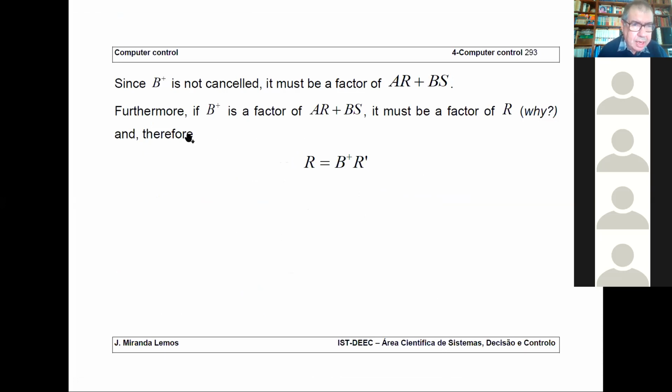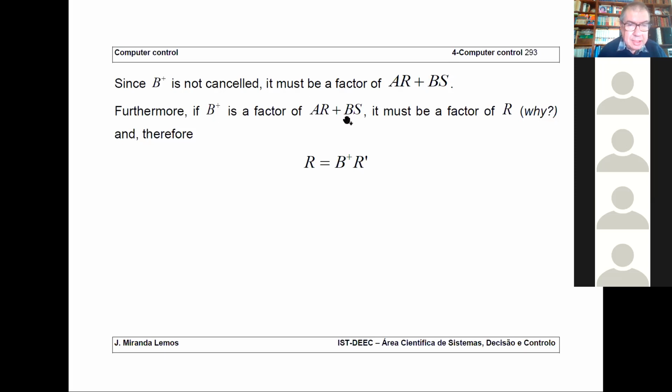So let's go back. B plus is cancelled. It must be a factor of AR plus BS because these are the poles. Now, if B plus is a factor of AR plus BS, it must be a factor of R. This polynomial is made of the sum of two terms.